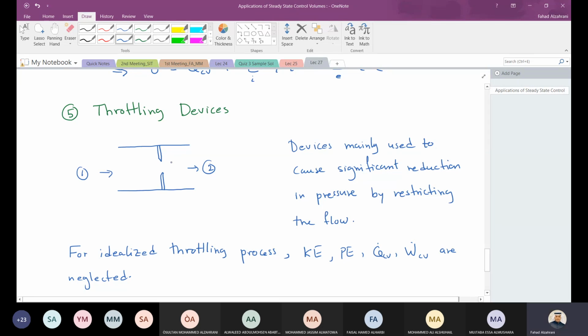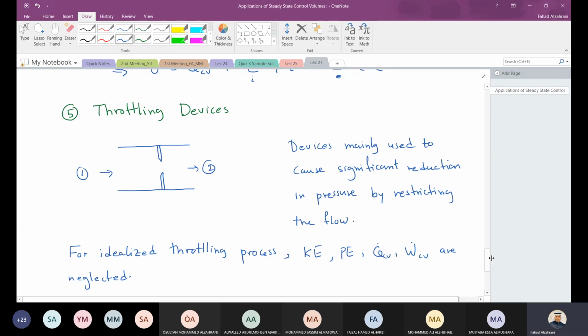The velocity difference might not be significant, so that's why we can neglect kinetic energy here. But yes, theoretically speaking, the velocity at exit is higher than the velocity at the inlet. But when you compare the kinetic energy term with other terms, it might not be significant.